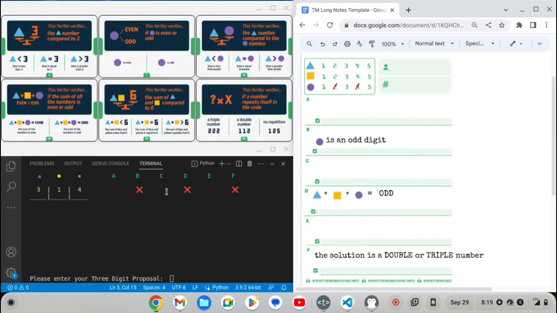But again, we're not sure if triangle and square are both even or odd. If it were an all odd solution, triangle would be odd, circle is odd, and square would be odd as well. I'm just not sure.